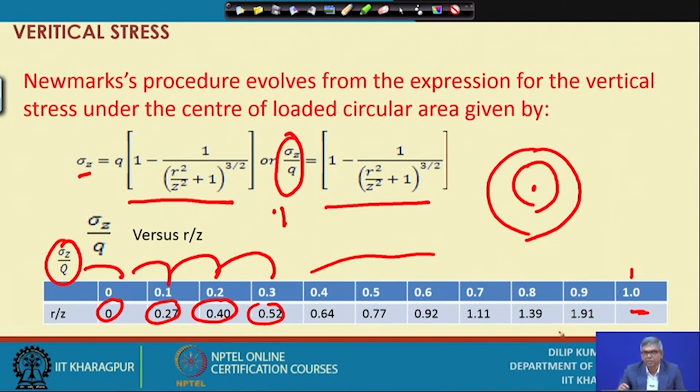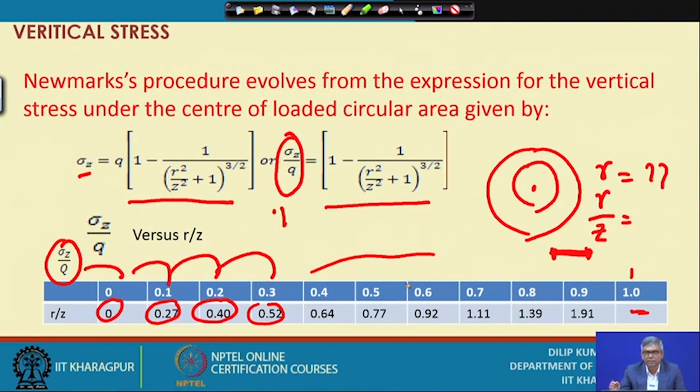In this, the R by Z ratio is there. If I fix a Z value, suppose 2 meter, and take some length for that 2 meter depth, suppose 2 meter equals 2 centimeter, then from R by Z I can get the value of R. If I keep Z constant at 2, I will get a different R for different intensity.